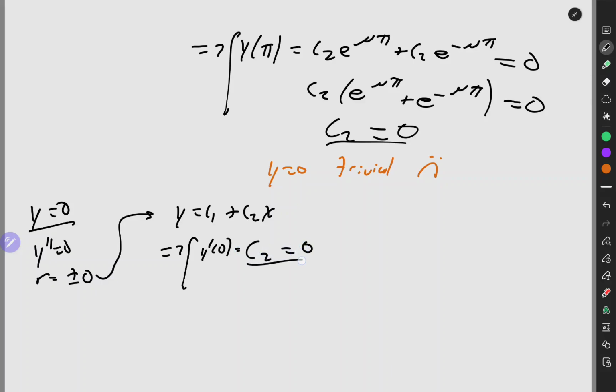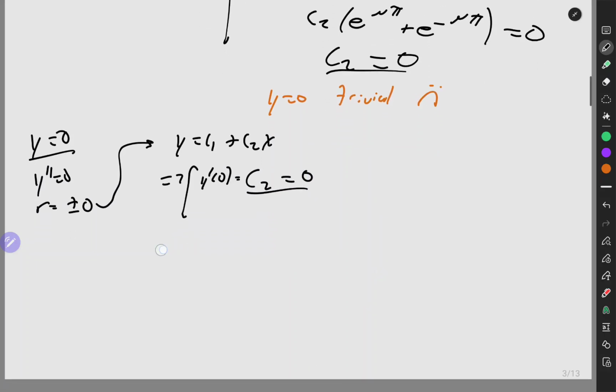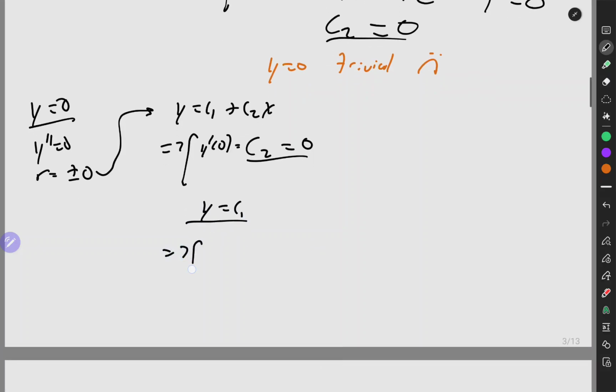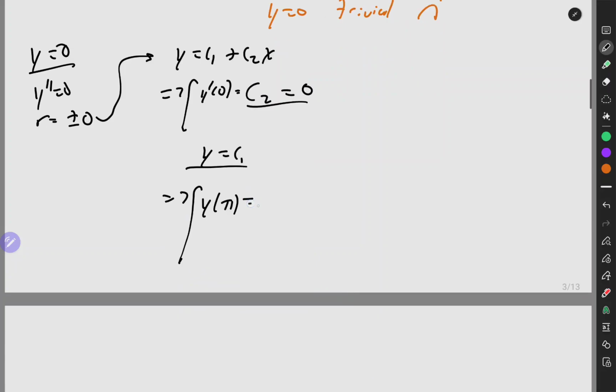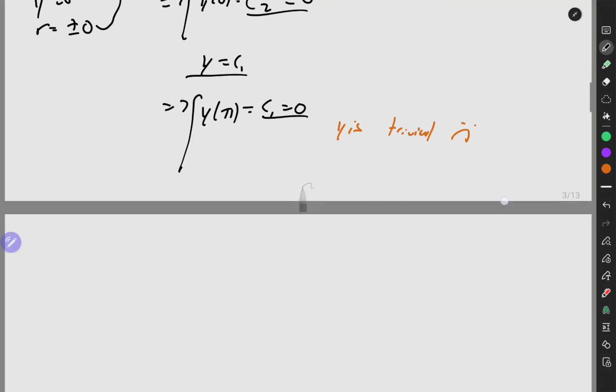That would be c2 equals 0. That will leave us with this. That would leave us, well, the second one, right? Yeah. c1 equals 0. If c1 is 0, y is trivial. No good.